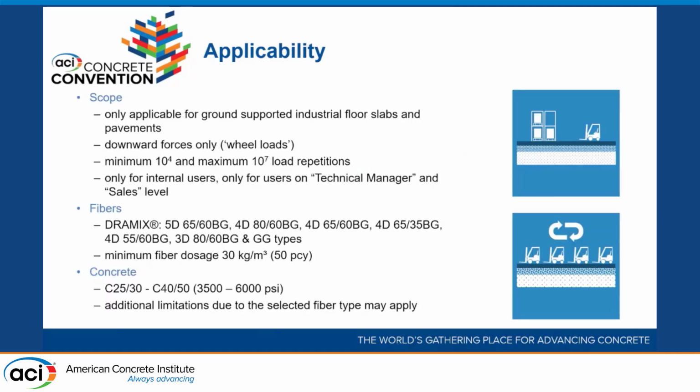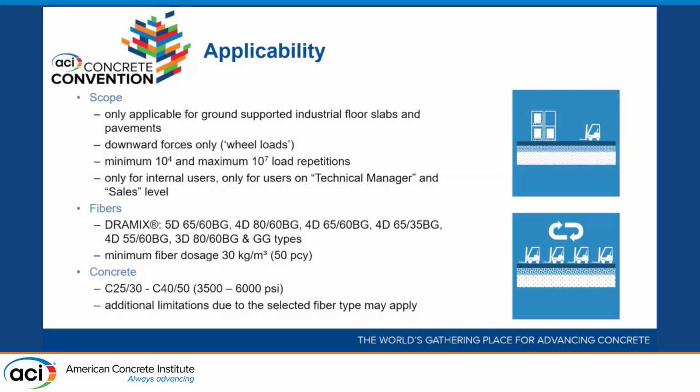Again, here's the applicability of the scope I've already mentioned: strictly ground-supported industrial floor slabs and pavement, downward forces only, wheel loads, minimum 10 to the 4, maximum 10 to the 7th load repetitions. Right now this is for a certain level of use within Bekaert while we're still developing it and figuring out how to make it better and how to extend it.